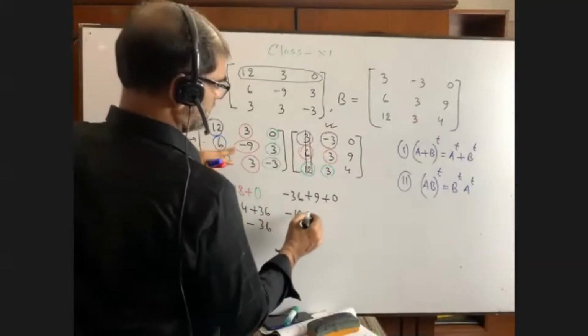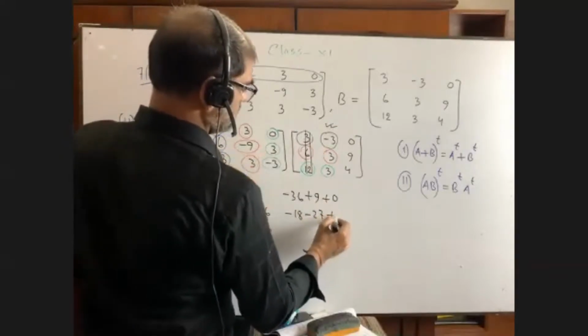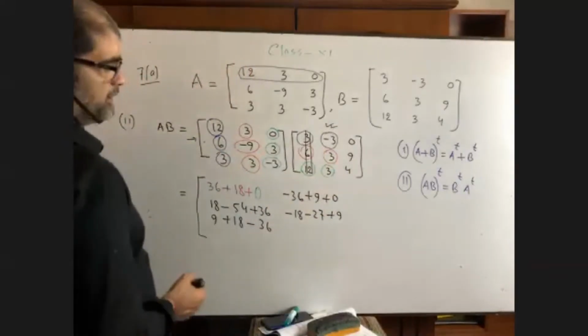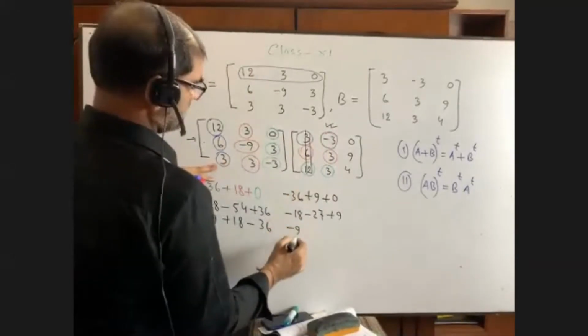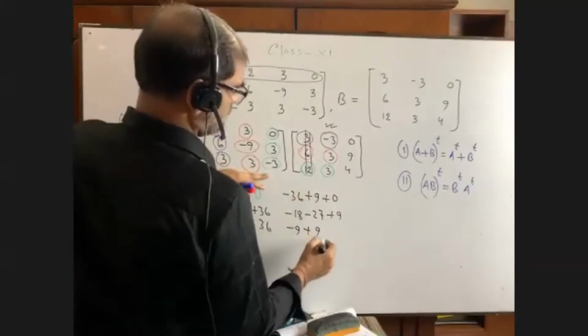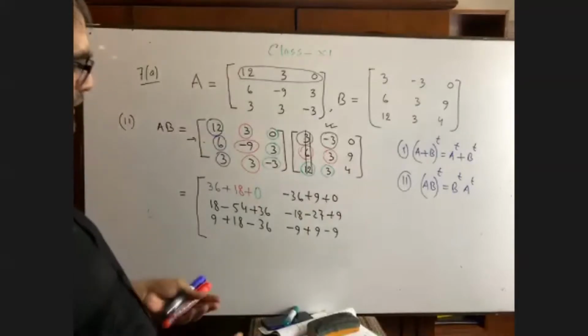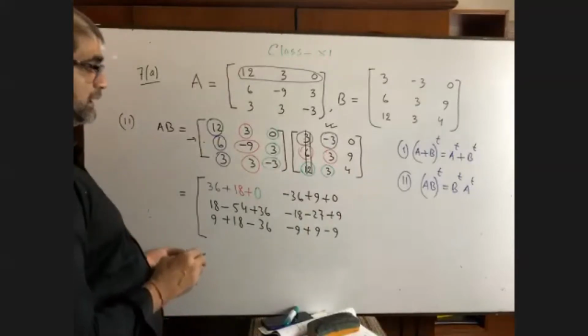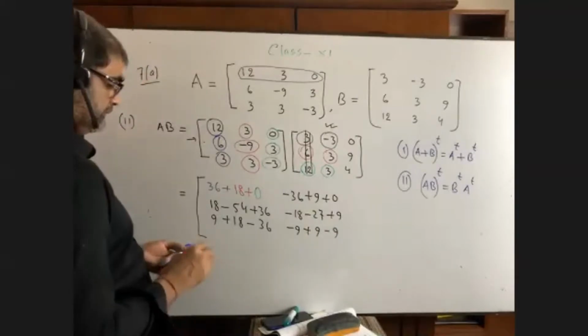Minus 3 into 3 minus 27. Then 3 into 3 plus 9. In the same way, we get 3 into minus 3 minus 9. 3 into 3 plus 9 minus 3 into 3 minus 9. If I am mistaken anywhere, just to multiply or addition, you are required to let me know.